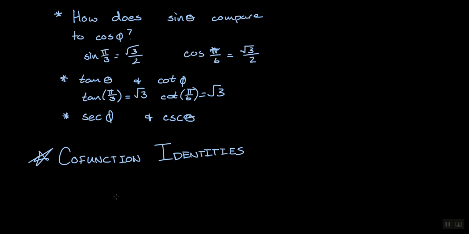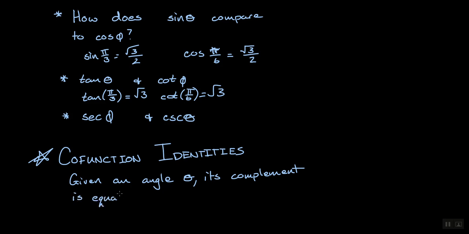Okay. Given an angle, let's call it theta, its complement, and before we called it phi, but I want to really think of what this means, can be found, or I'm just going to say is equal to... Not quite.